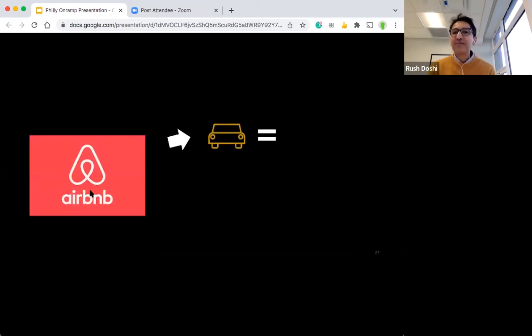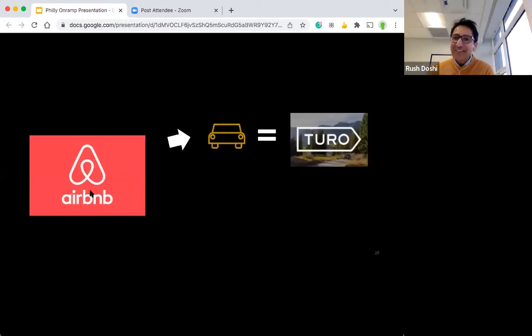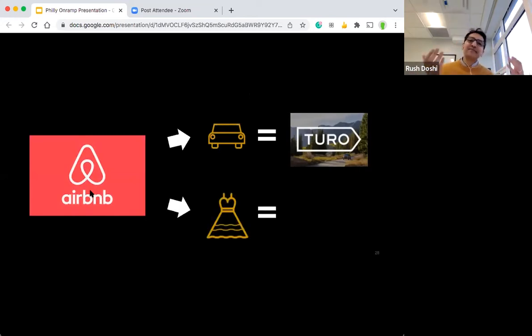What if you take Airbnb and we apply it to cars? What does that become? John, you would know this one. I know that one, but I'll let people guess. We have a Turo. We have an Uber. Very good, Turo is correct. And if you took the Airbnb for clothes, expensive nightwear, what do you get?